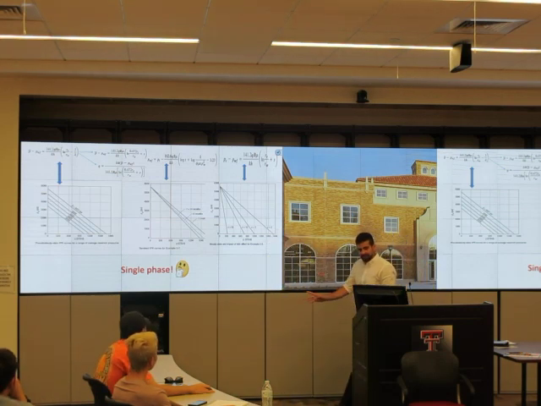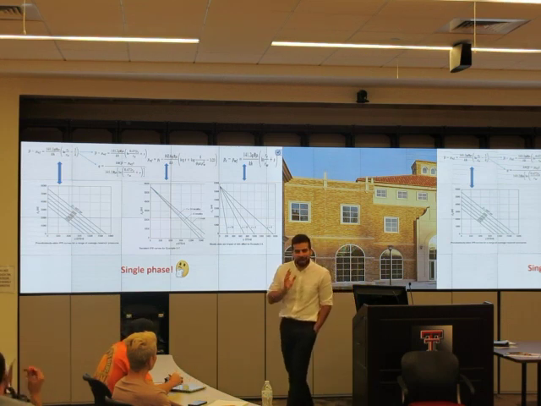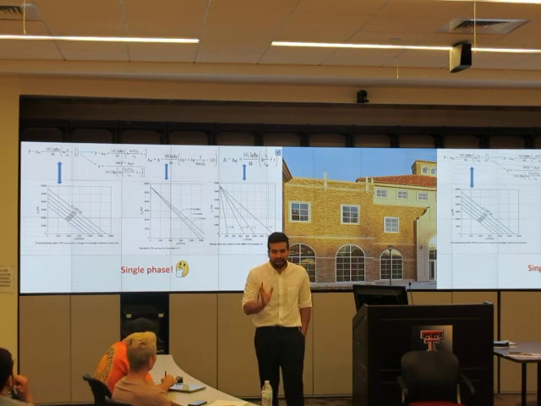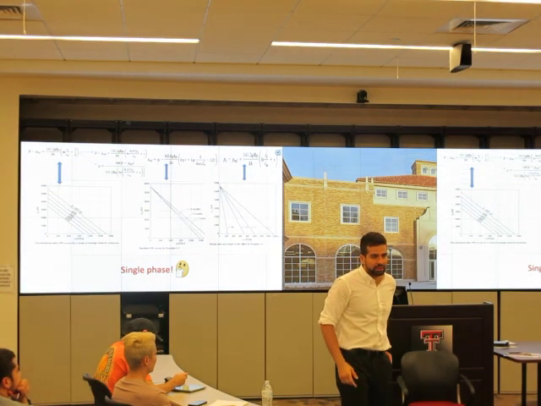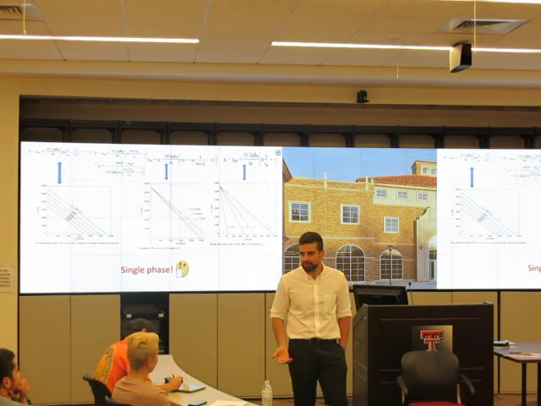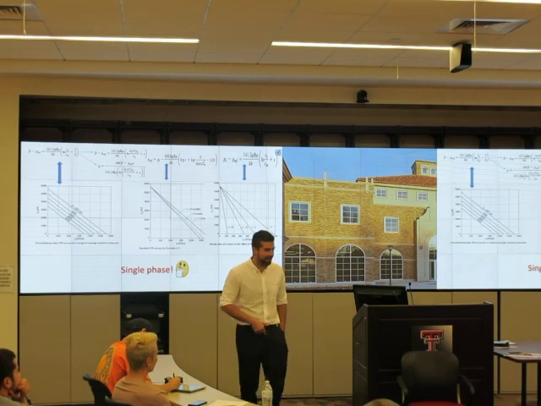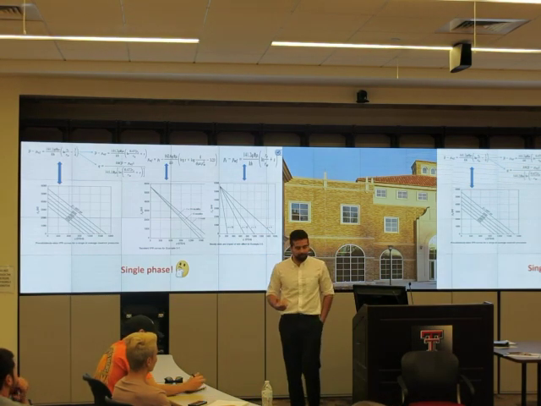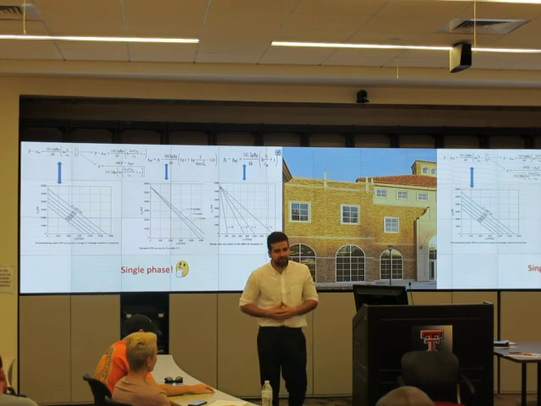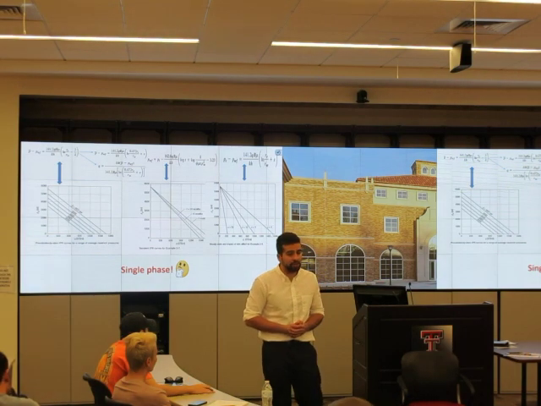So this is single phase flow, okay? How likely will it be to have just one single phase in your reservoir? Unlikely, right? So you have gas. When gas is introduced in your reservoir, everything gets complicated. I'm not exaggerating.